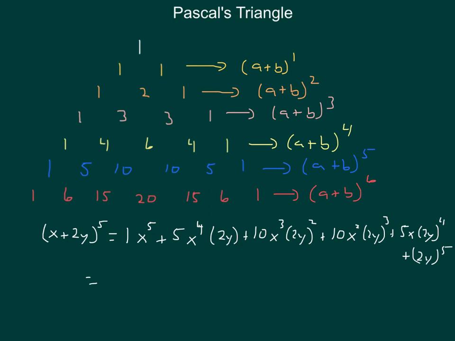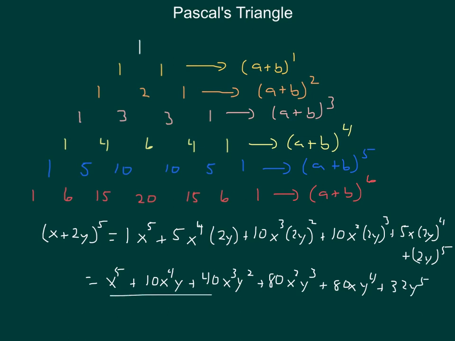That will equal x to the 5th plus 10x to the 4th y, plus 40x cubed y to the 2nd, plus 80x squared y cubed, plus 80x y to the 4th, plus 32y to the 5th. And that would be that expansion.